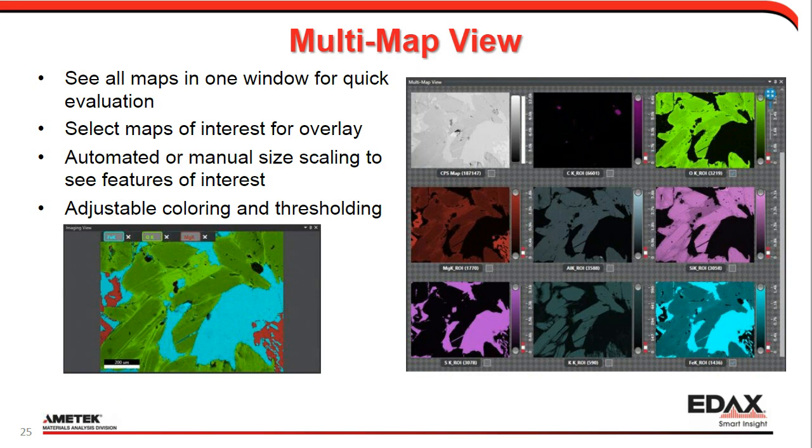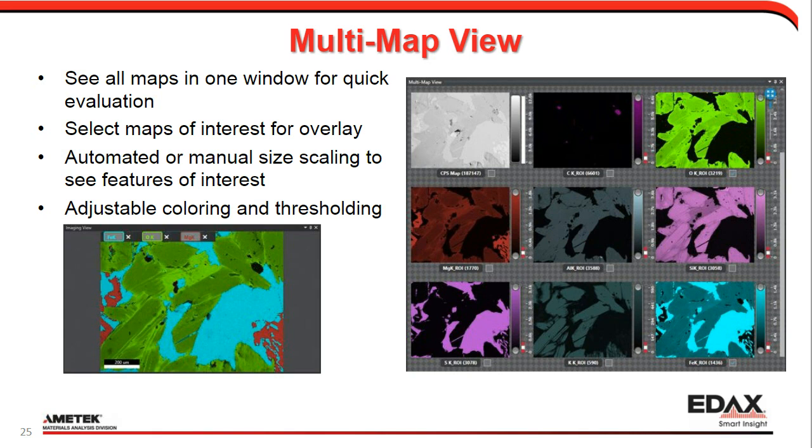In Multimap View window, you can see all maps in one window for quick evaluation. You can zoom in and out individual maps. To the right of each individual element map, the sliders along the intensity bar allow the user to define a low and high threshold in a histogram to extract the spectrum from or adjust the contrast of the map.